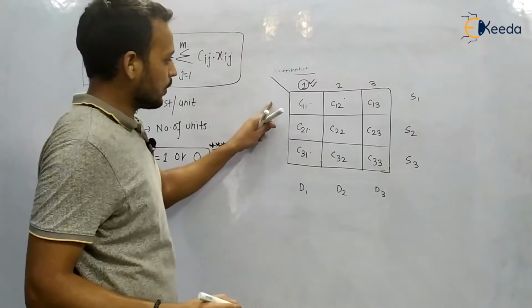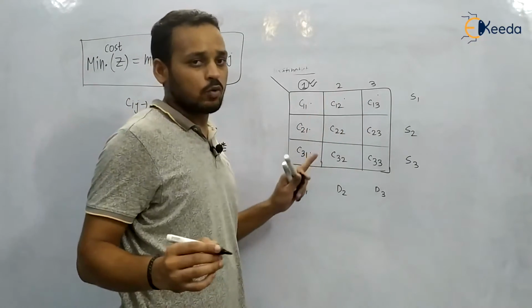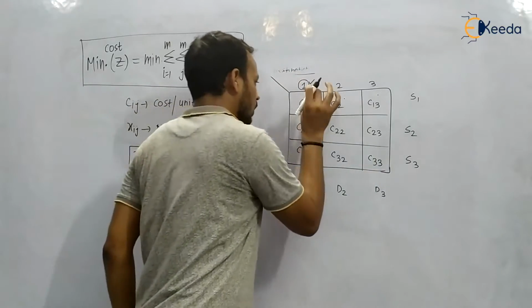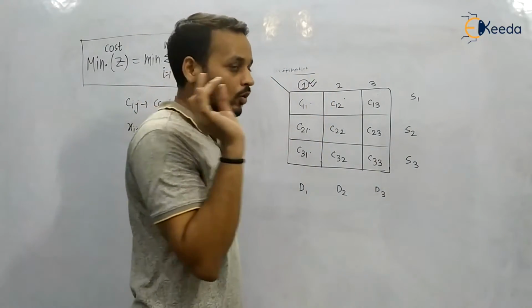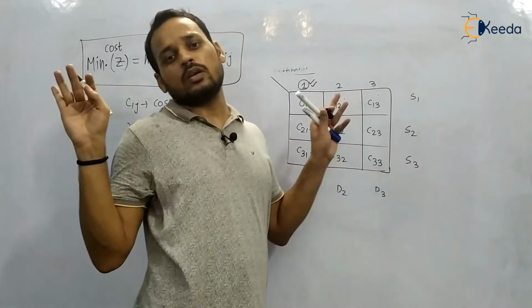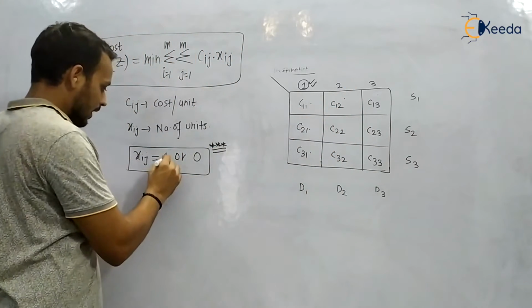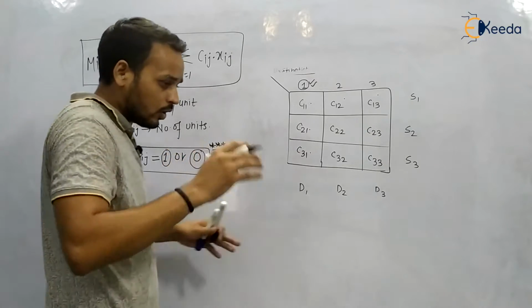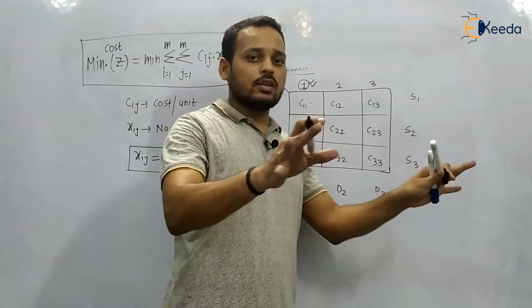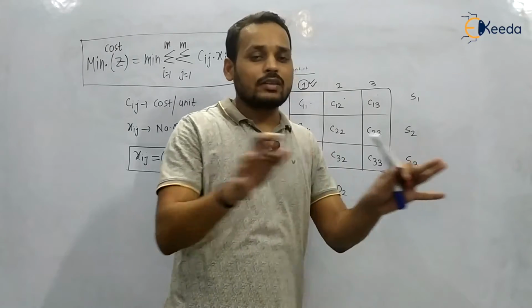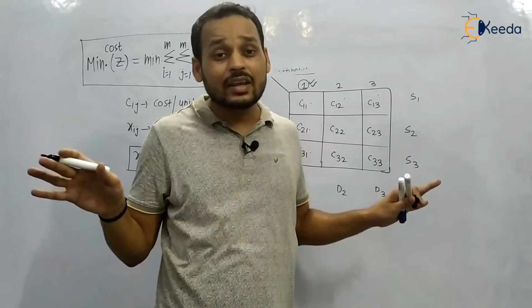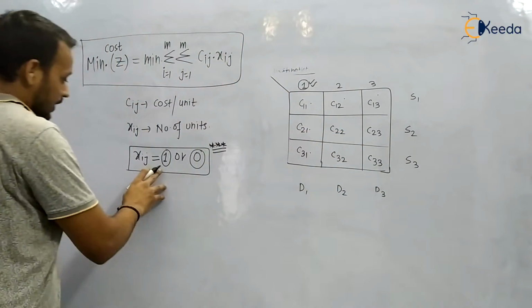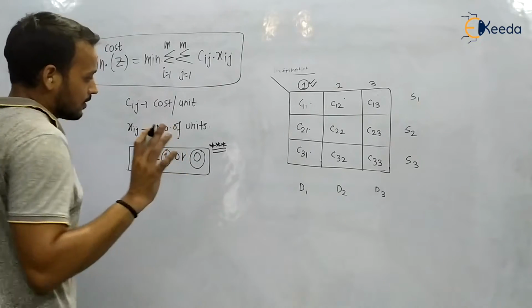Because you can supply to only one destination point, so either you are going to provide all the items or you are not going to provide. Either you supply fully or you don't supply anything, so this Xij is always going to be 1 or 0.